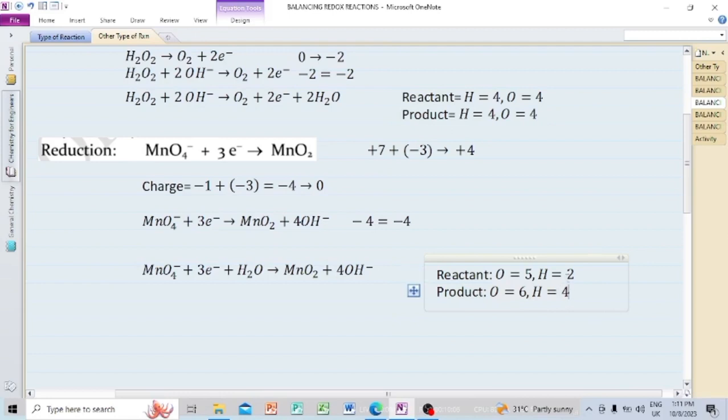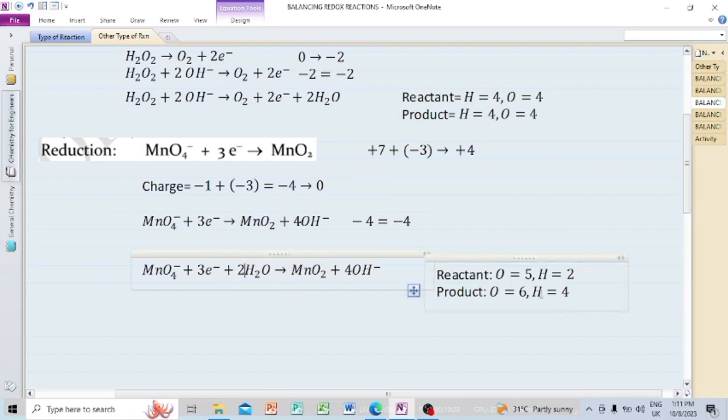Okay, so first let's balance the hydrogen. Dun sa reactant side, we have 2 hydrogen atoms, and on the product side, we have 4 hydrogen atoms. So, we need to multiply 2 dun sa reactant side natin to balance the hydrogen.